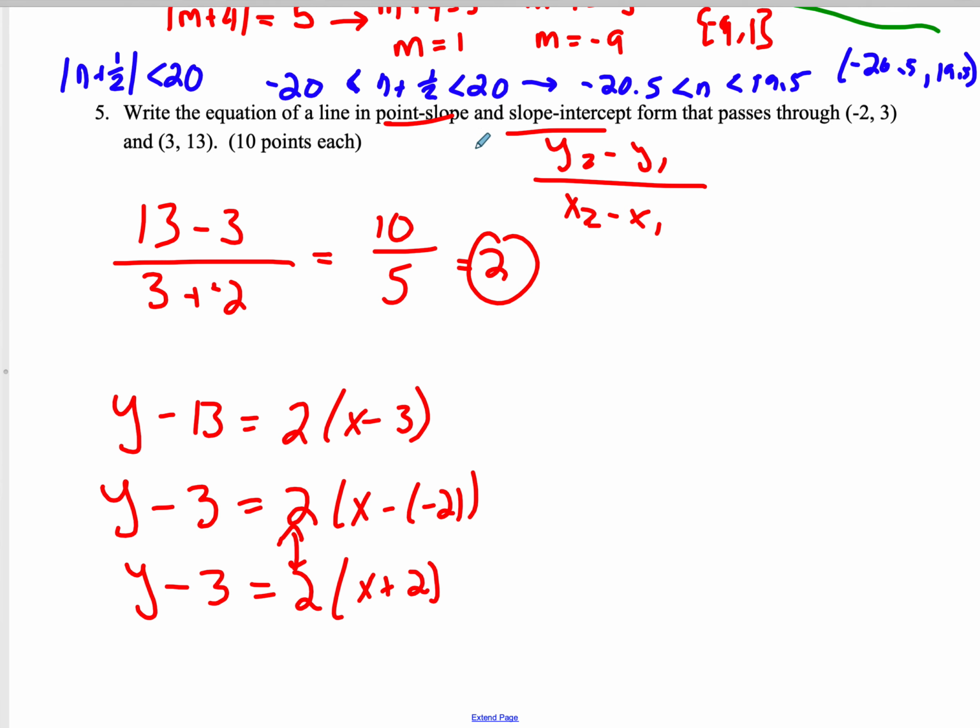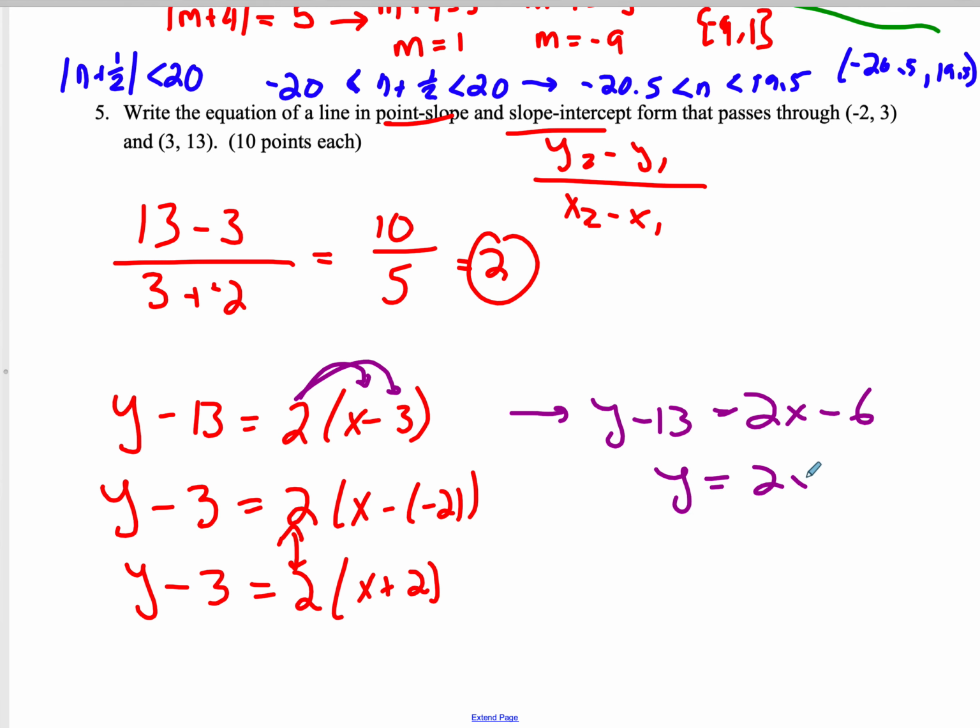But really, and as someone pointed out, if you were to do distribution, what you would see actually is that you can easily put it into slope intercept form from point slope form. If you did this completely correct, you'd be marked full credit.